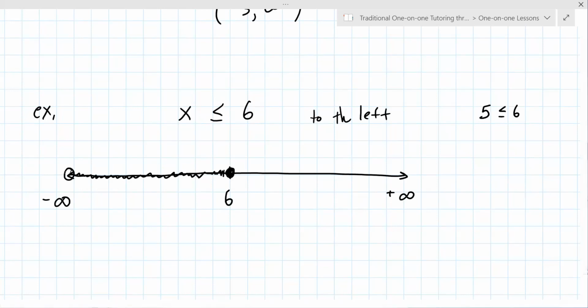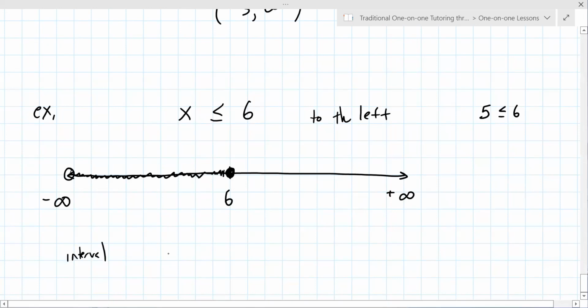So in terms of your interval, because you have the line graph, you know that it's -infinity and 6. Because the dot is filled in, it's a bracket on the 6 side. But as I just mentioned, negative infinity and positive infinity always go with parentheses. Yes. Okay.